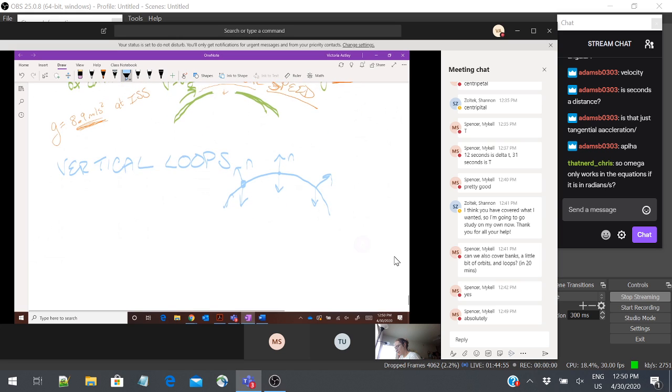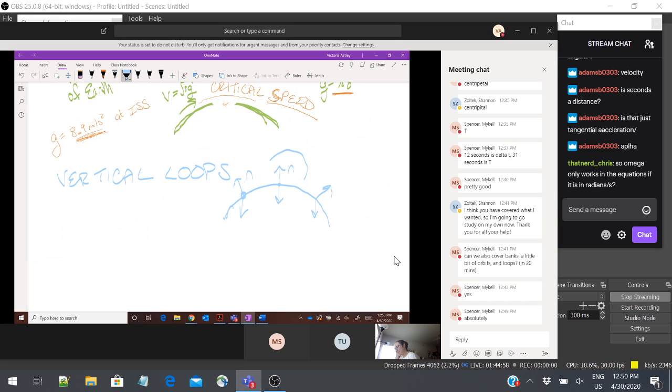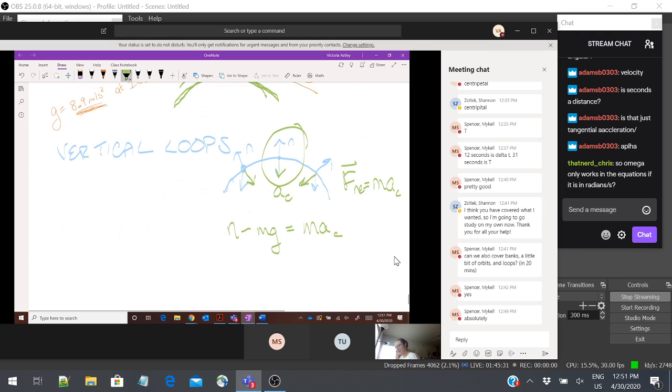But the idea is that at all of these moments, you have an inward acceleration, and the net force has to equal the mass times that inward acceleration. Things moving in a circle are always accelerating. So right here, your normal minus gravity has to equal your mass times acceleration, which in this case would be downward, so this would be a negative number.